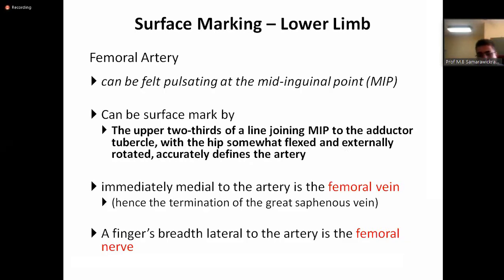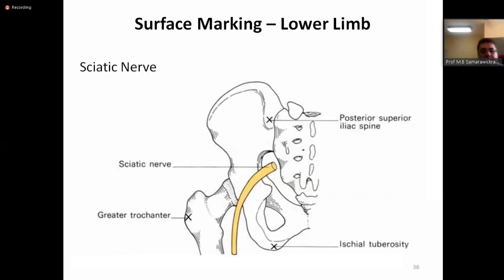So immediately medial to the artery is the femoral vein, and a finger breadth lateral to the artery is the femoral nerve. So that's how you surface mark these three structures. Right, sciatic nerve you can surface mark. It is in the gluteal region.